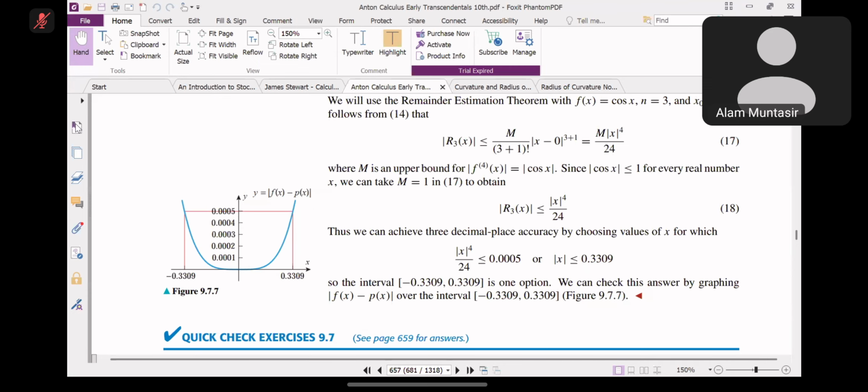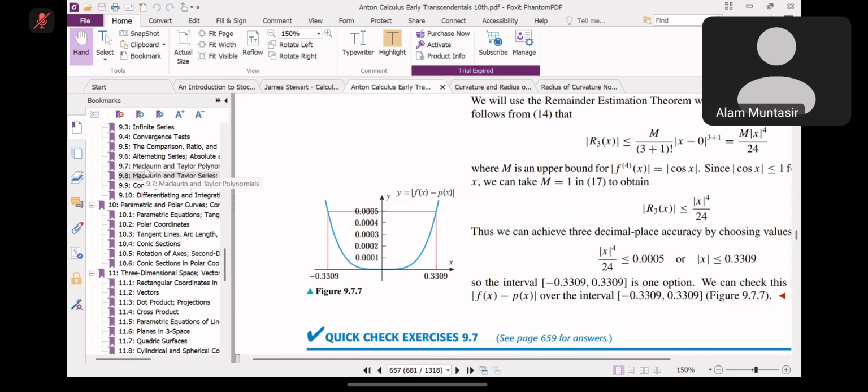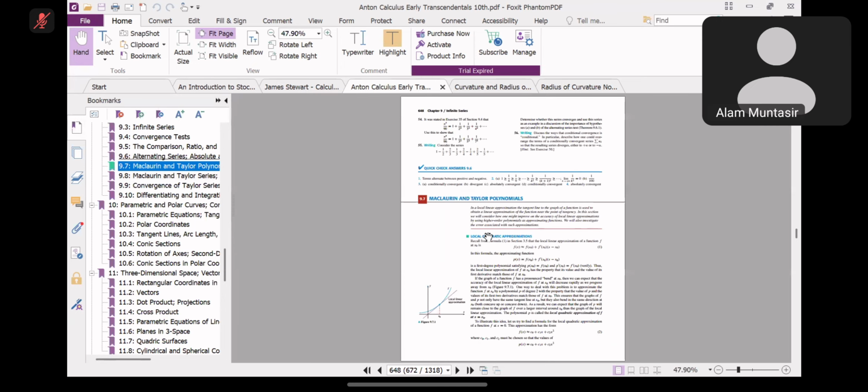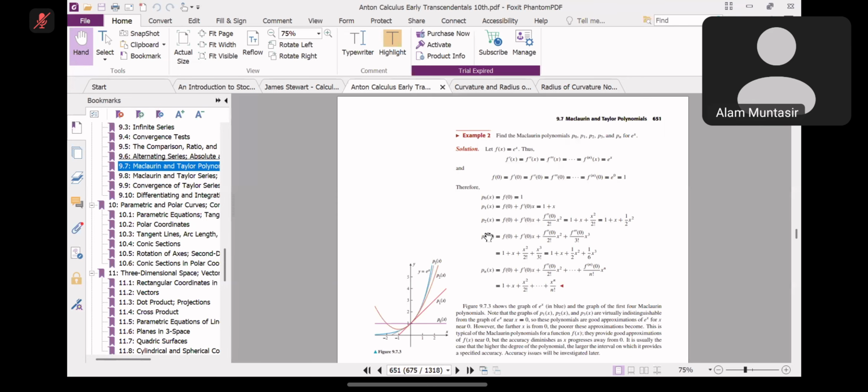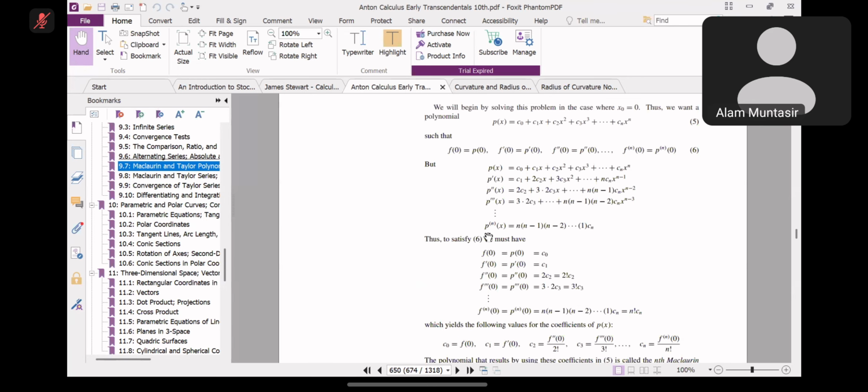So if we move to chapter 9.7, the thing is actually discussed more briefly in chapter 9.7.